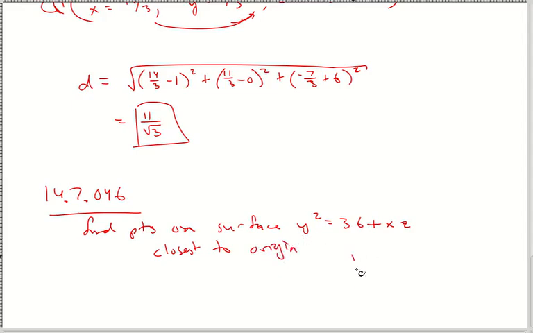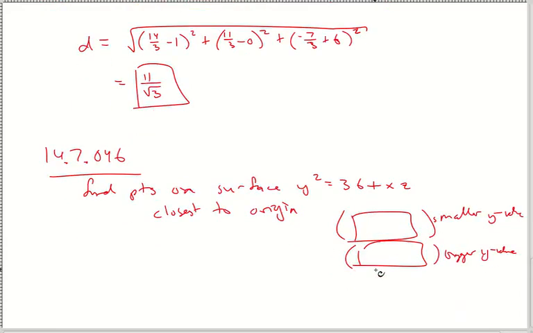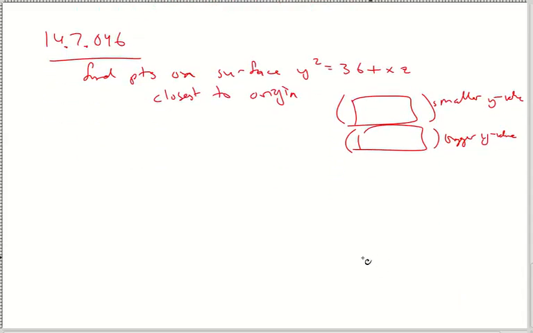The problem on the homework will have 2 different boxes for you to fill in, and they're talking about smaller and bigger y values. It's kind of an indicator of where we're going. So let's just go through this problem and see what we can do.